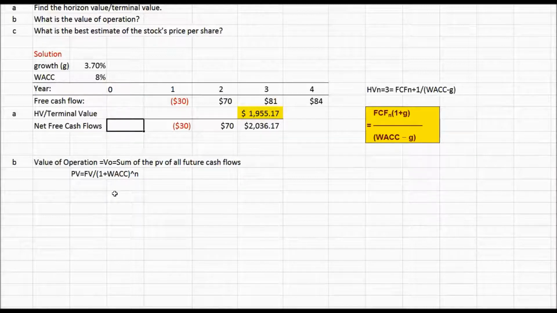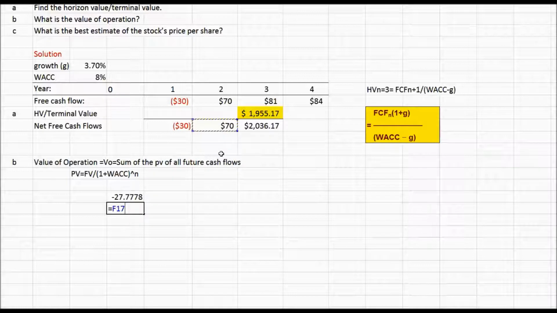So this one equals $30 divided by 1 plus cost of capital raised to, so this is time, how long? 1 period, right? So raised to 1, it's going to give you the present value of the first cash flow. Now let's do the same thing for the second cash flow.